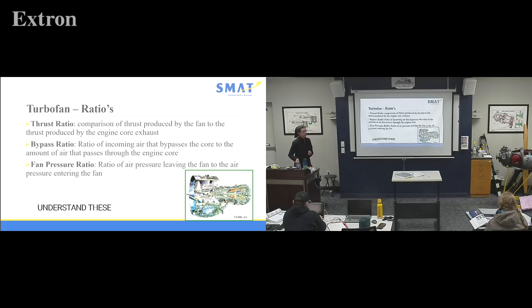And then fan pressure ratio, so that's pressure of the air back here leaving the fan compared to pressure of the air before it goes through the fan. So there's your words. Here's your picture.